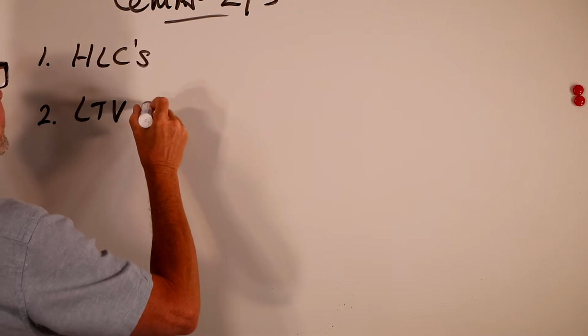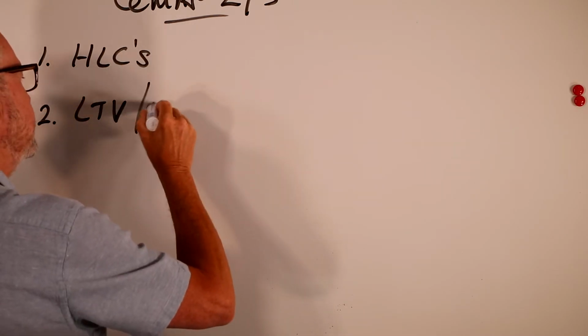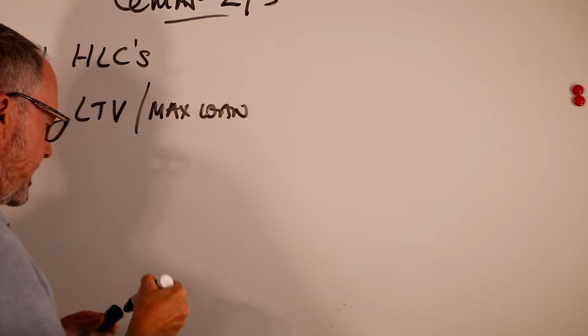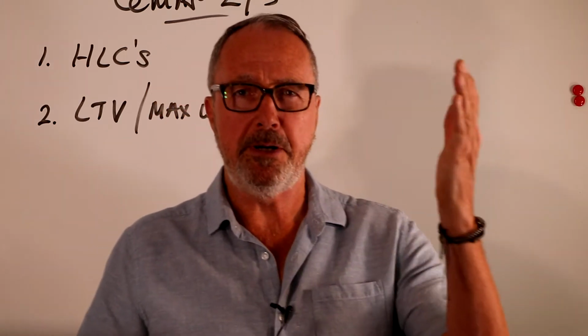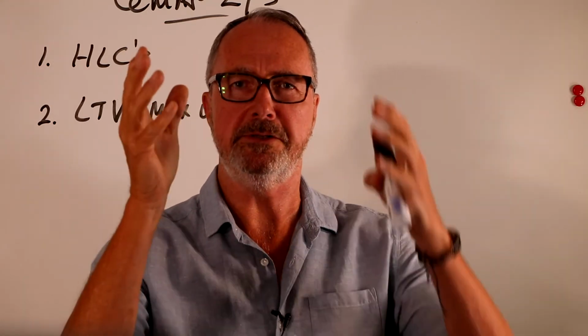Next one is general loan to value calculations. Loan to value calcs are the general ones really. Maximum loans, that sort of thing. So here you need to be able to work out your 95% mortgage, your 80% mortgage. Given a purchase price and a loan, you've got to work out what the loan to value is. It's not difficult, you just put the loan into the purchase price, hit the percentage button.